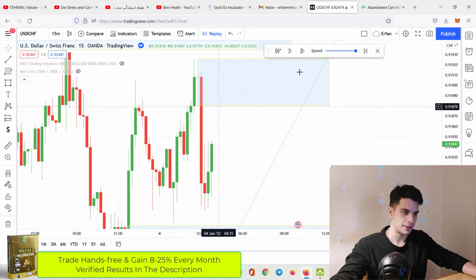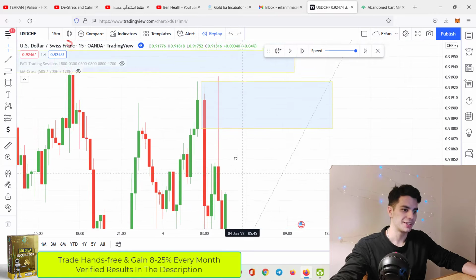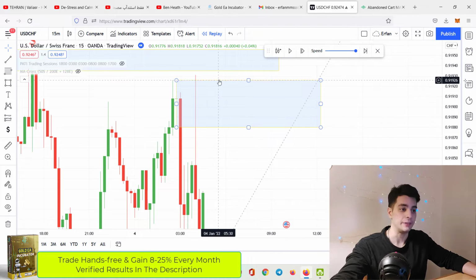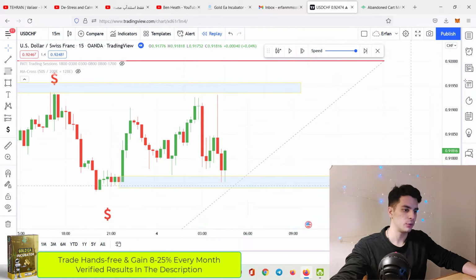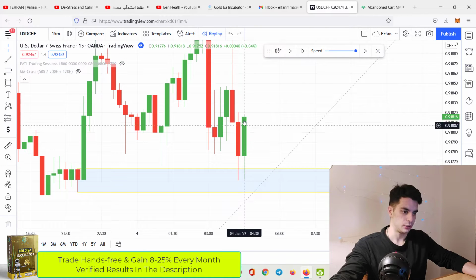So there's a space in between, and we're just waiting for the price to tap into this zone, and it did, and it actually blasted through this order block, which made it invalid. So you need to remove this level, and then you see that you got this order block tapped into, and then you got this green candle.